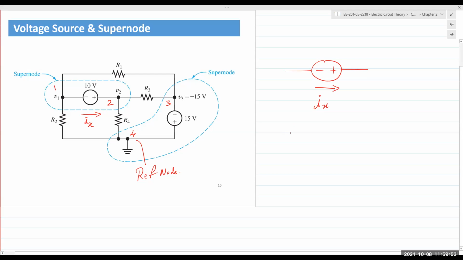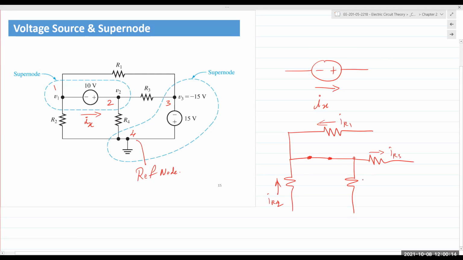So if I do that, I have one single node, IR2, IR1, IR3, IR4.